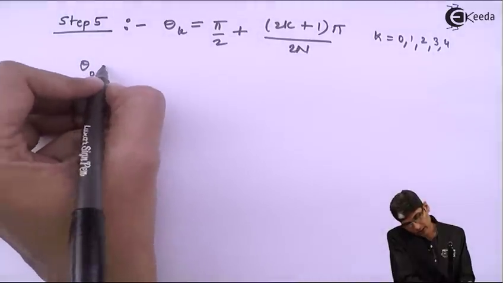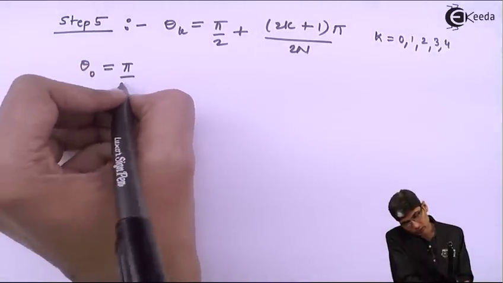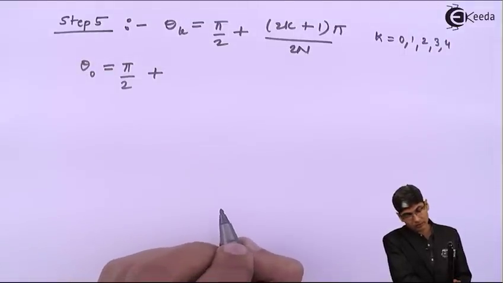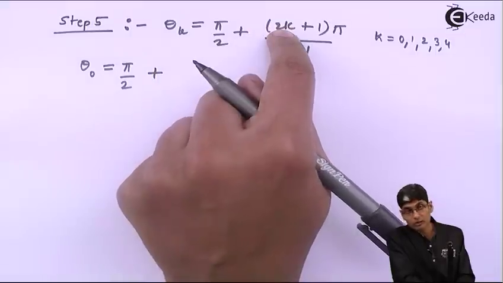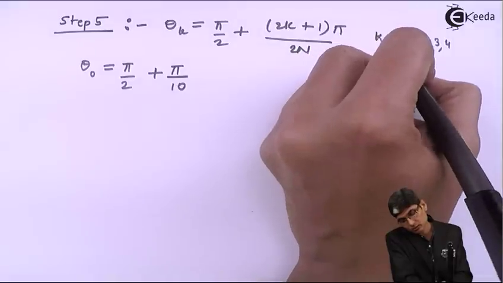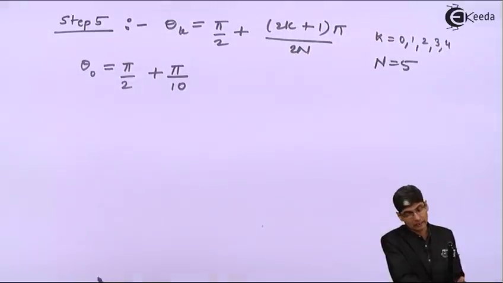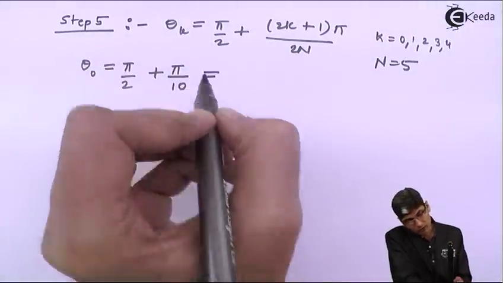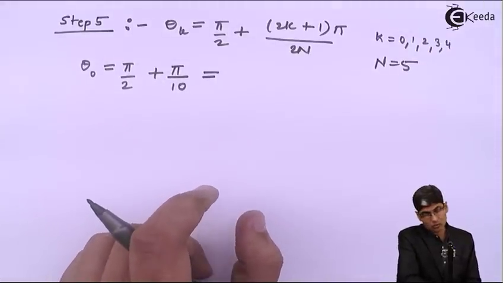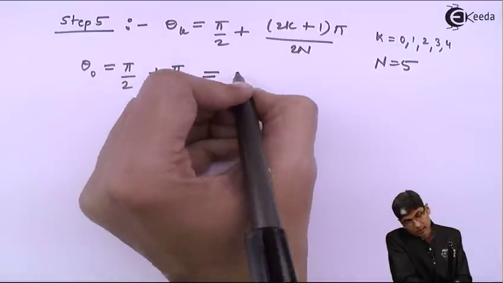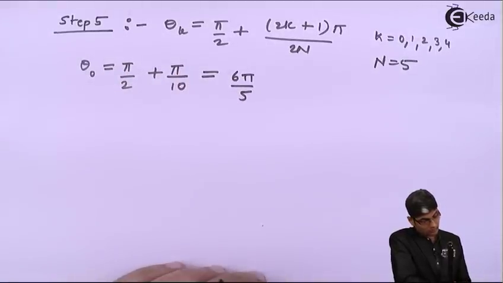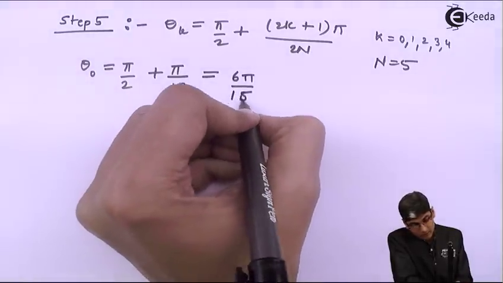So I will calculate theta 0, which is equal to pi by 2 plus, when you put k as 0, it will be 1 over 2n, so pi by 10, because n is equal to 5 and 2n will be 10. So that value will be 10 plus 2 is 12 pi by 20, which is 6 pi by 10.